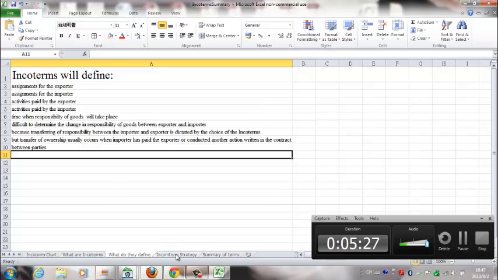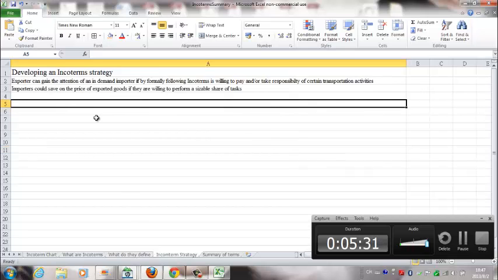Next question is, why do we have Incoterms, and how can you develop a strategy for it? If you're developing an Incoterms strategy, the exporter can gain the attention of an in-demand importer by formally following Incoterms and being willing to pay for and or take responsibility of certain transportation activities.